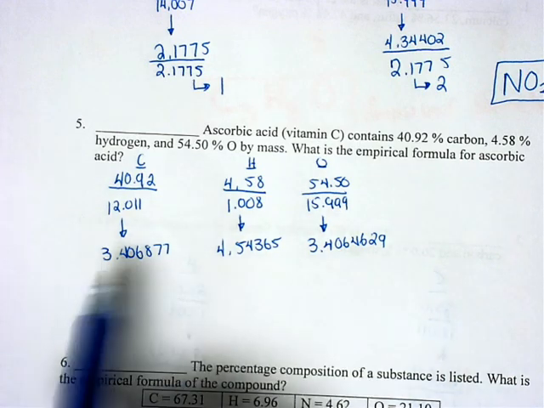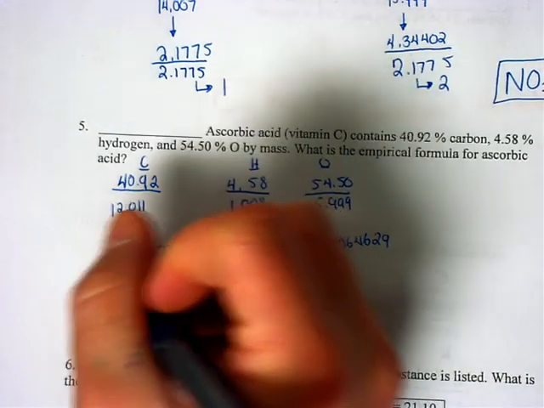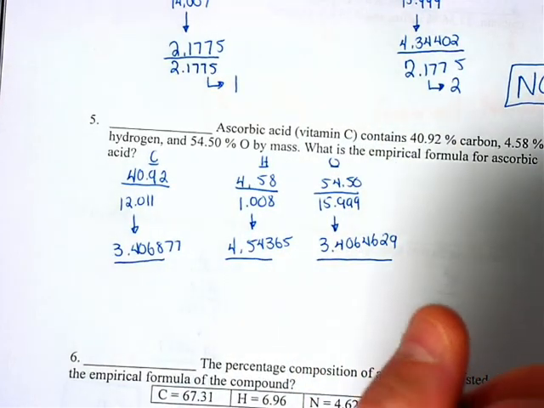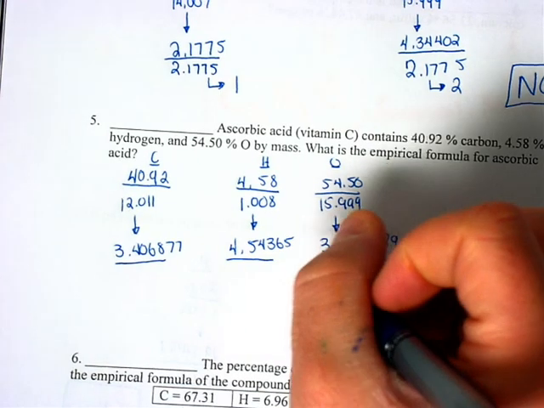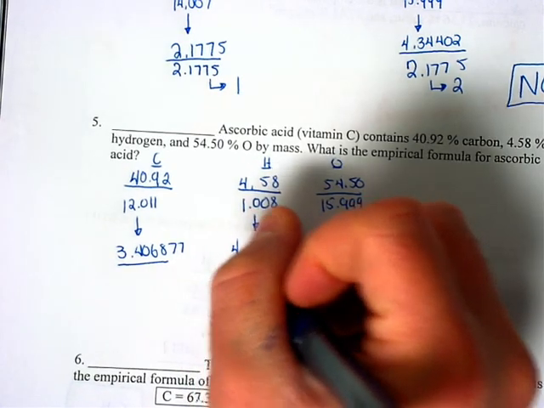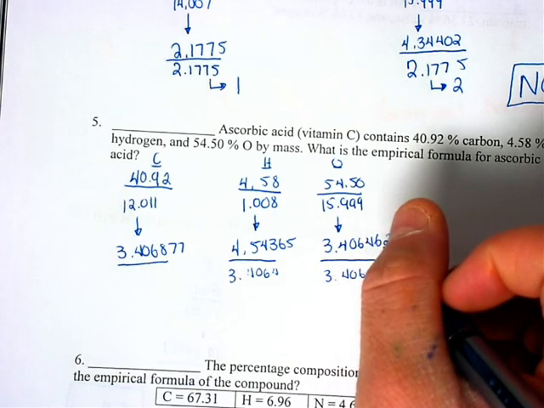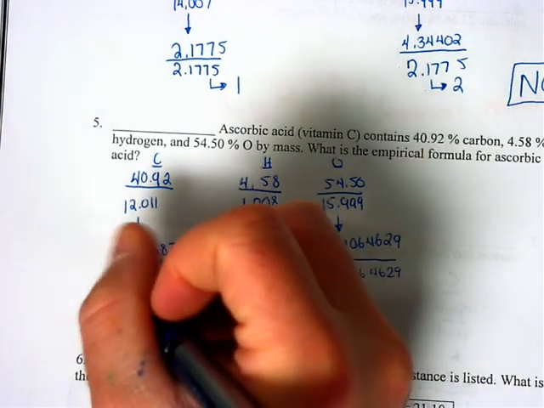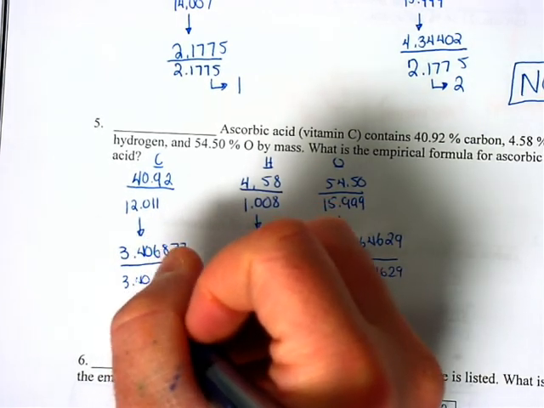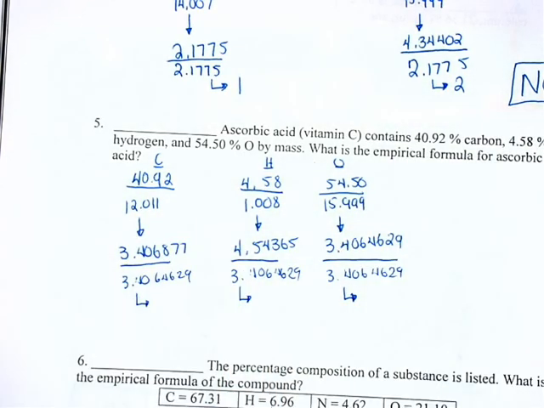Be identifying the smallest number out of this set, because you know we're going to divide by the smallest number in this next piece. A little hard to see sometimes. It's the last one, isn't it? Yeah. So 3.4064629. Let you divide those out real quick in your calculator.